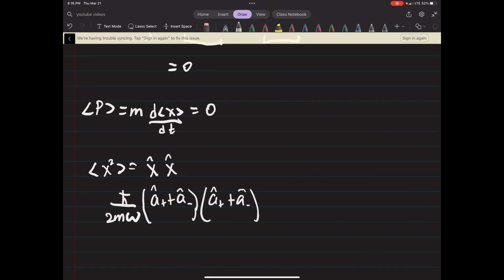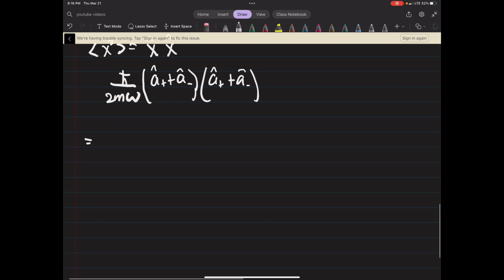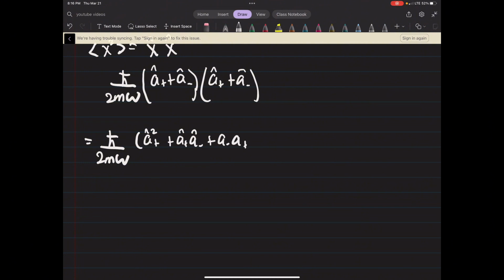So this is equal to, and this was just in the example problem as well, h bar over 2m omega, our raising operator squared, plus our raising operator acting on a lowering operator, and vice versa. Pretty straightforward stuff.